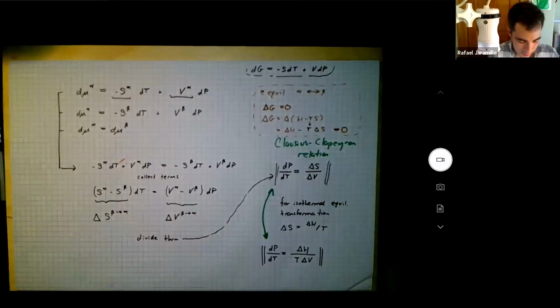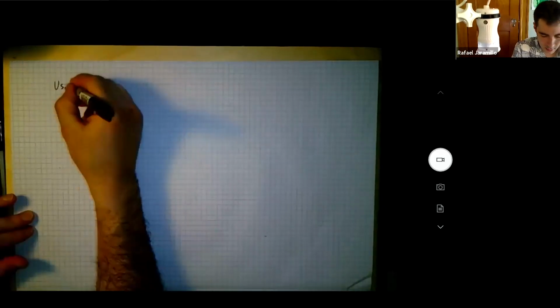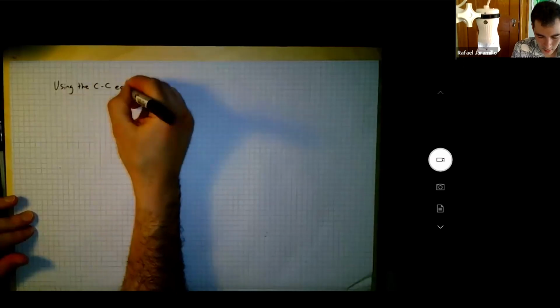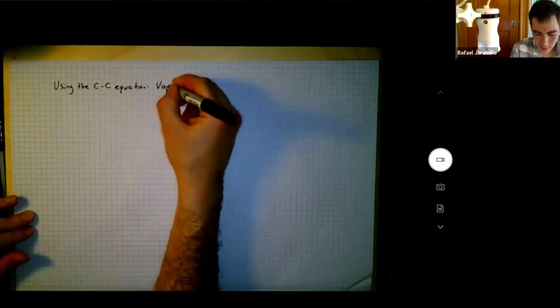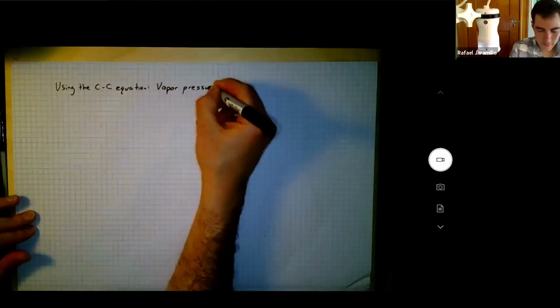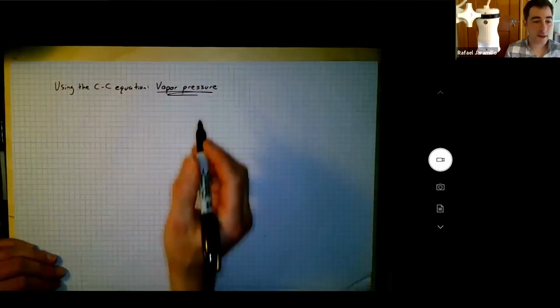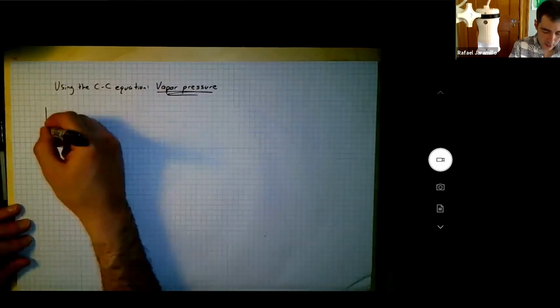All right, so let's move on. Let's use the Clausius-Clapeyron equation for vapor pressure. This is a very useful case, and let's just remember what we're doing here.